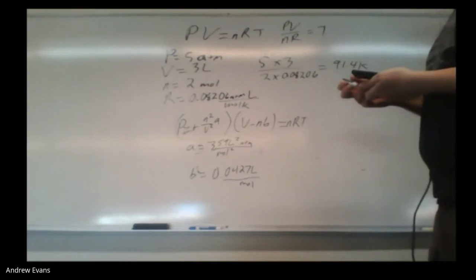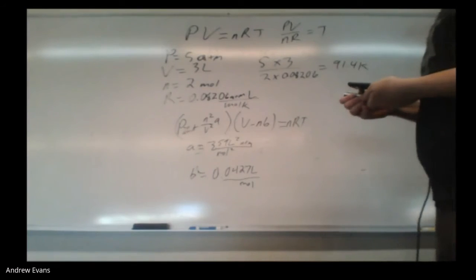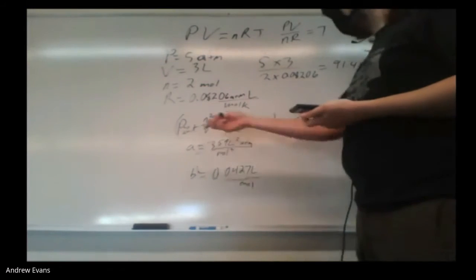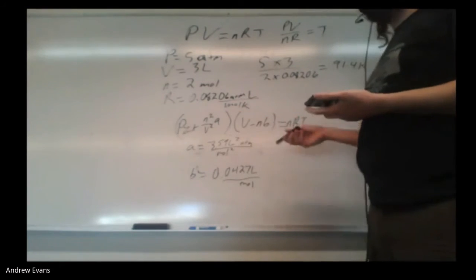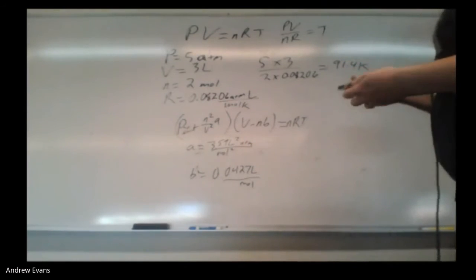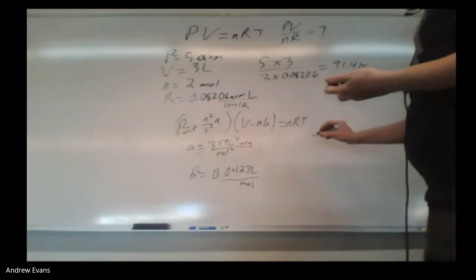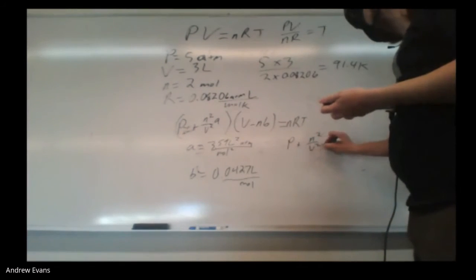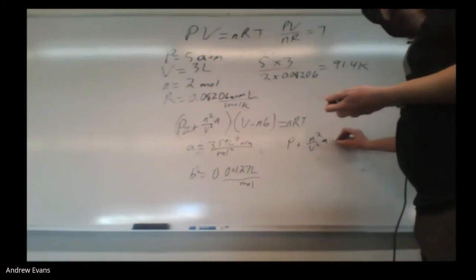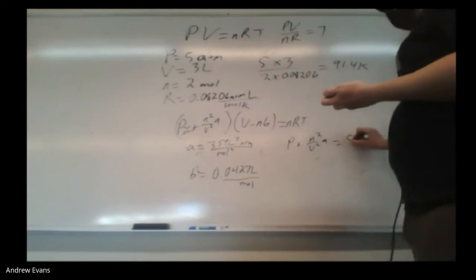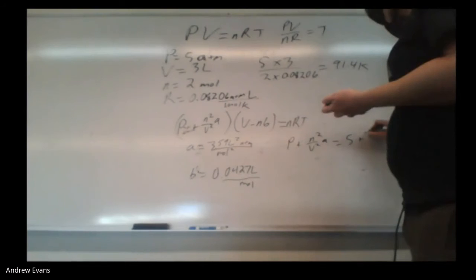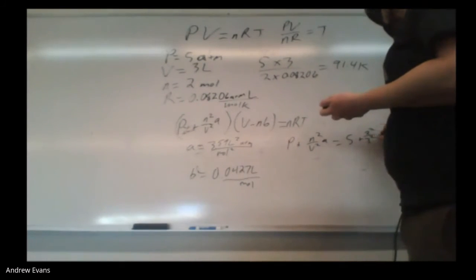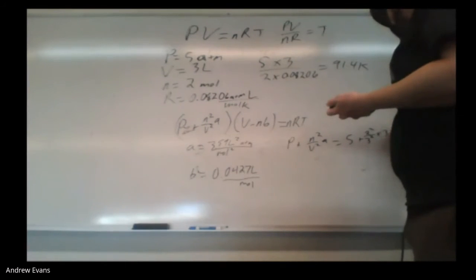I'm going to calculate a new pressure and a new volume and then plug them into the ideal. But you could just as easily plug everything in and solve for T. But let's look at P plus n squared over V squared times a. This is equal to 5 plus 2 squared, which is 4, over 3 squared, which is 9, times our 3.59.